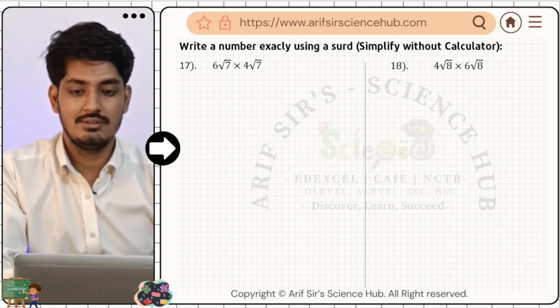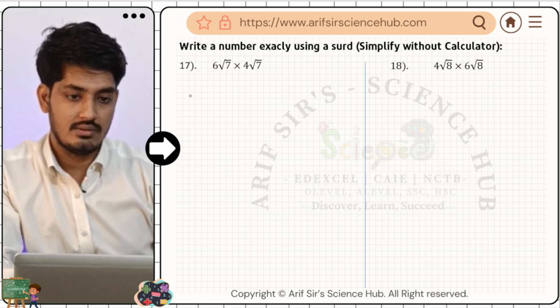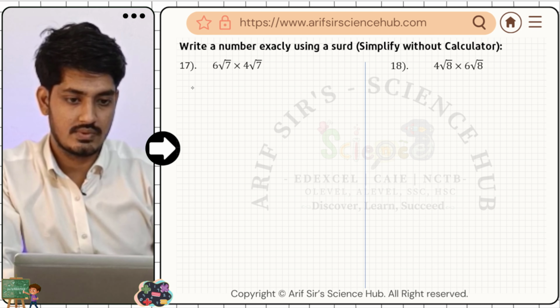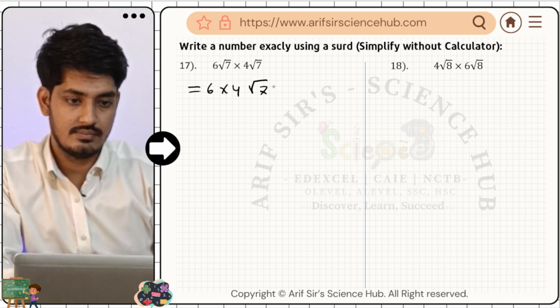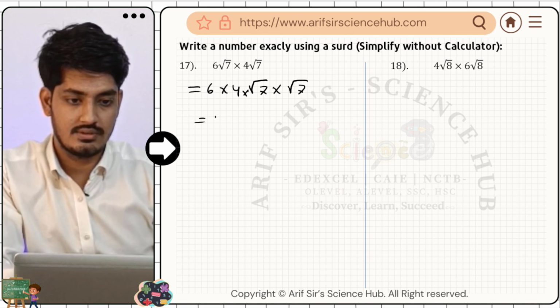Okay, now we can solve this exercise 17. So how can we solve this? 6 into 4, then square root 7 into square root 7. We can just multiply this. So 6 into 4 is equal to 24, square root 7.